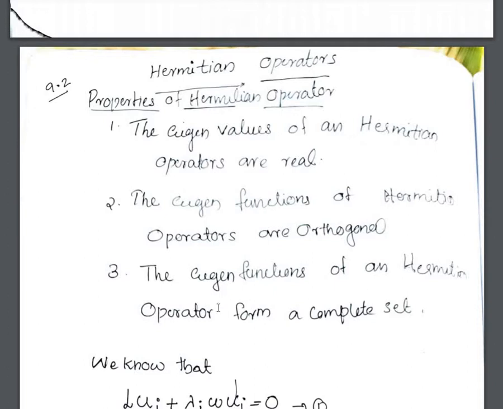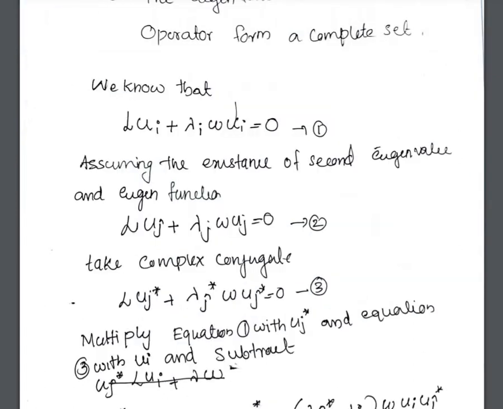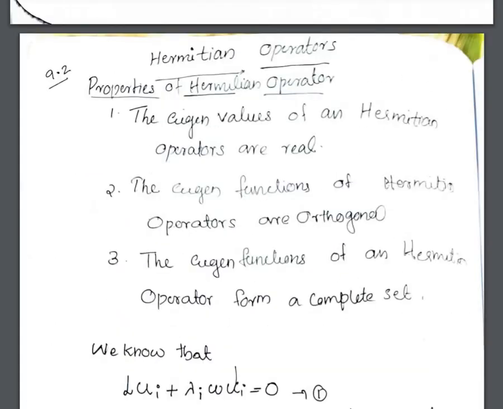The eigenfunctions of a Hermitian operator form a complete set. The same thing you will study in the quantum mechanics class also. Now we are going to prove the first two properties, that is, the eigenvalues are real and eigenfunctions form orthogonal sets.